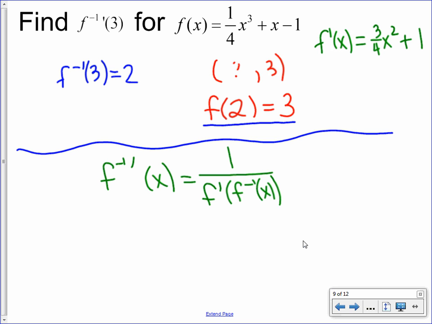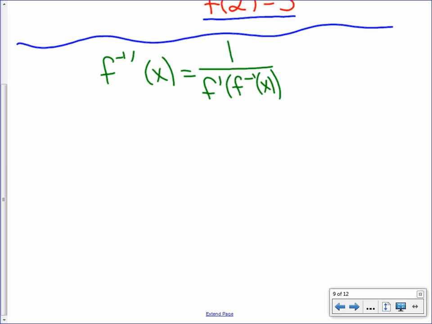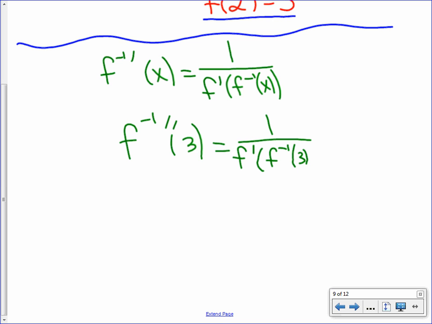Now what do we do? Have to plug in the composition. We need the derivative where? Okay, so let's do this. The inverse derivative at 3 is f prime evaluated at the inverse at 3. Right?